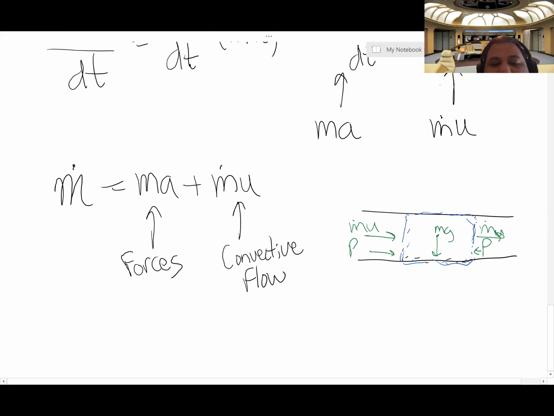So we have to consider what are the forces involved with the fluid flow, and how does the flow convection or fluid flow itself influence my momentum flow or my change in momentum.